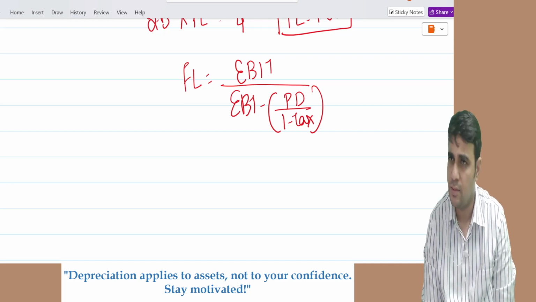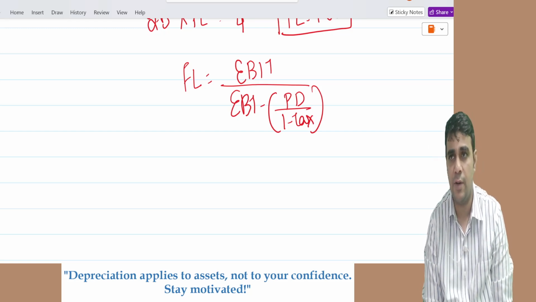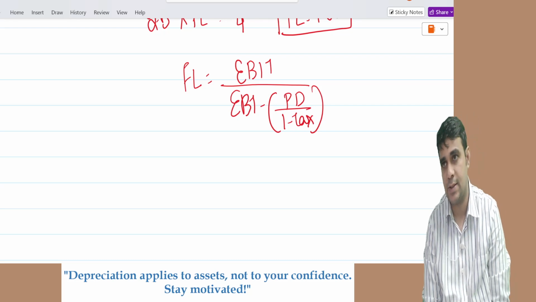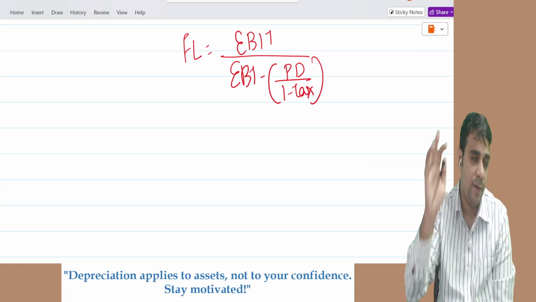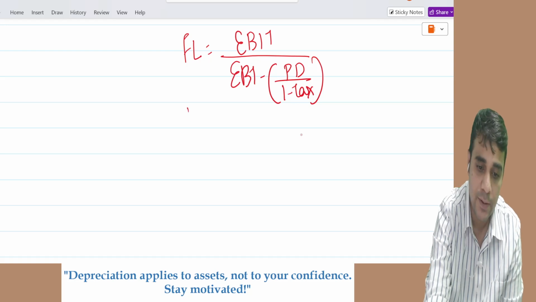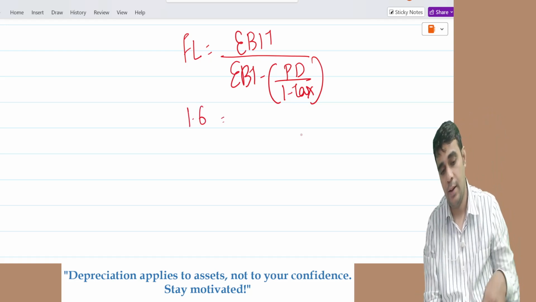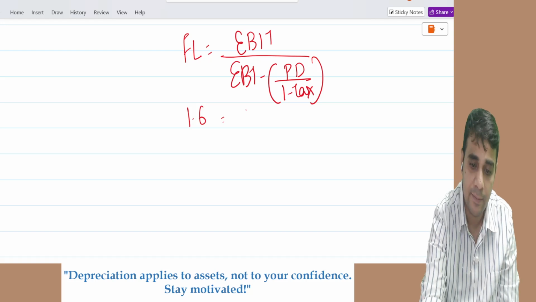I can use the formula of CL also, which is contribution divided by EBT minus PD divided by 1 minus tax rate. Same answer will come. FL is 1.6. EBIT, which we calculated, is 10 lakh 88,000.